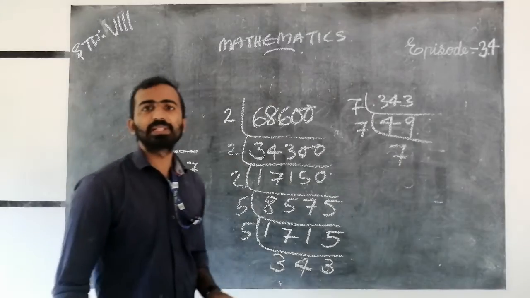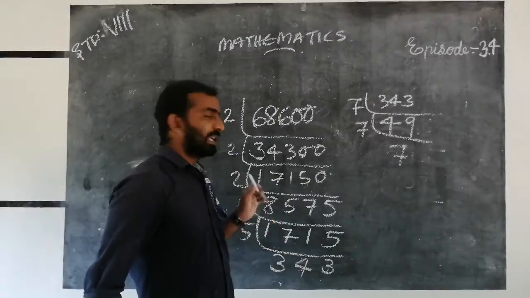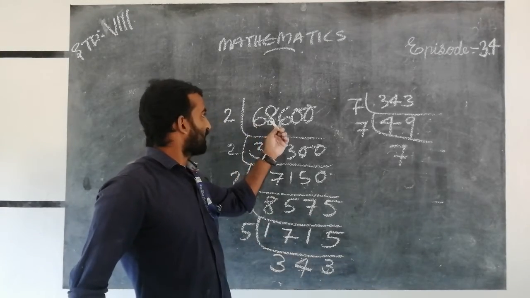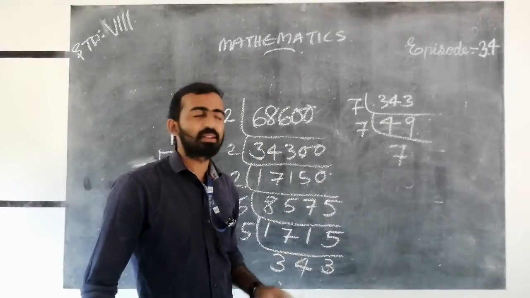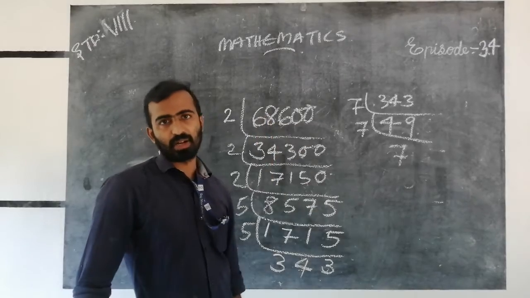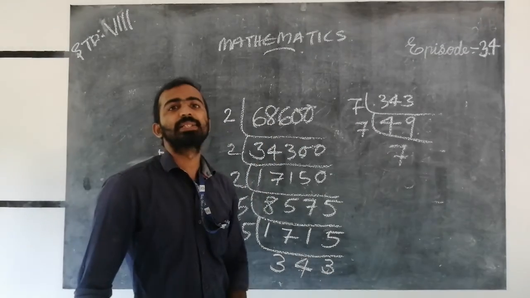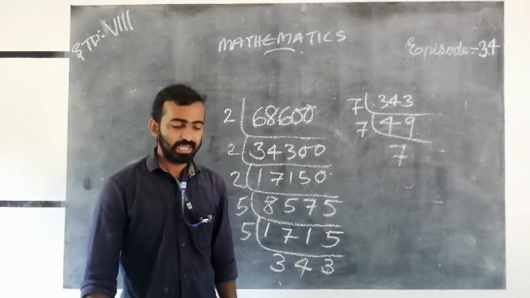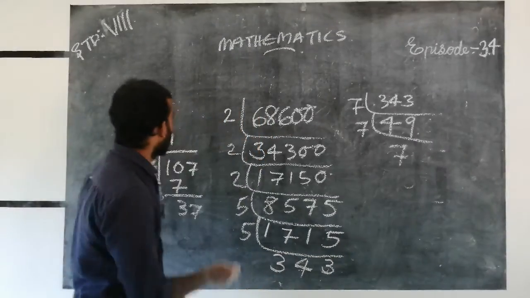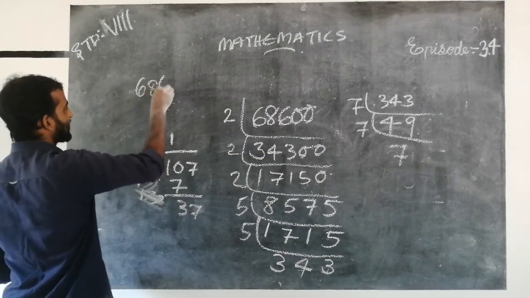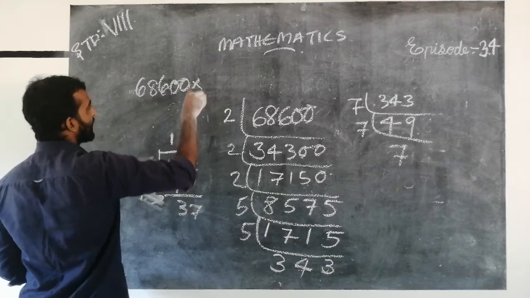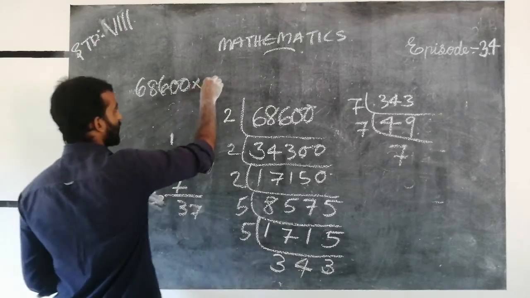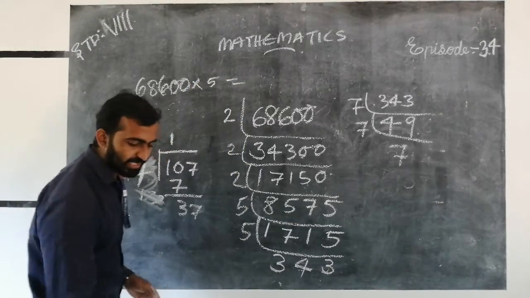One time of 5 is needed, so we multiply 5 into 68,600. 68,600. Is it? Yes. We get the answer as 68,600 into 5. What is the answer?